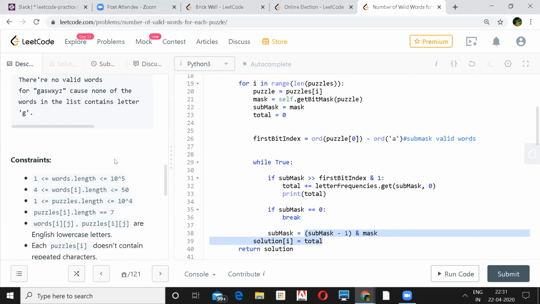Also, with the bitmap, we know that we can use it because it's all lowercase characters, and there are only 26 characters, so it fits in an integer of 32 bits. So one intuition is the lowercase characters, and the next intuition came from the first example: if we have an alphabet once in the puzzle and it repeats in the word, we are okay with that.